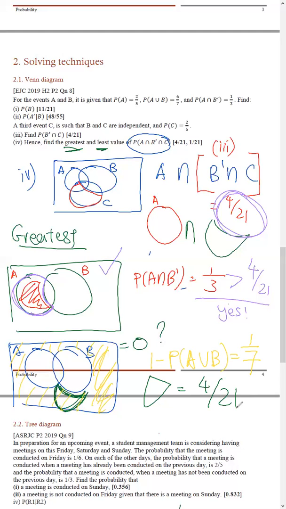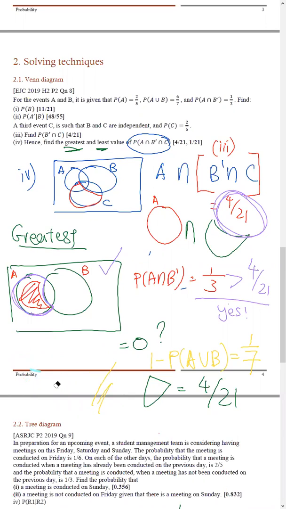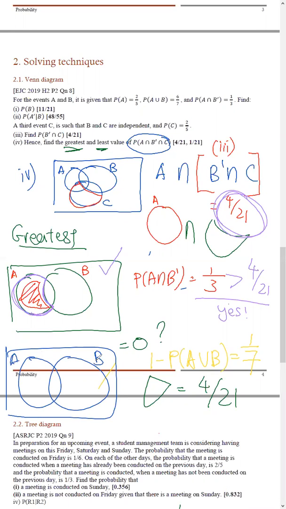Meaning to say, we've got to change it a bit. How can we change it? If I were to redraw it, A and B is fixed. So if the crescent cannot fit completely outside, some parts of the crescent must be inside A, such that the only possible part that is outside must be 1/7, which is limited by this condition over here.